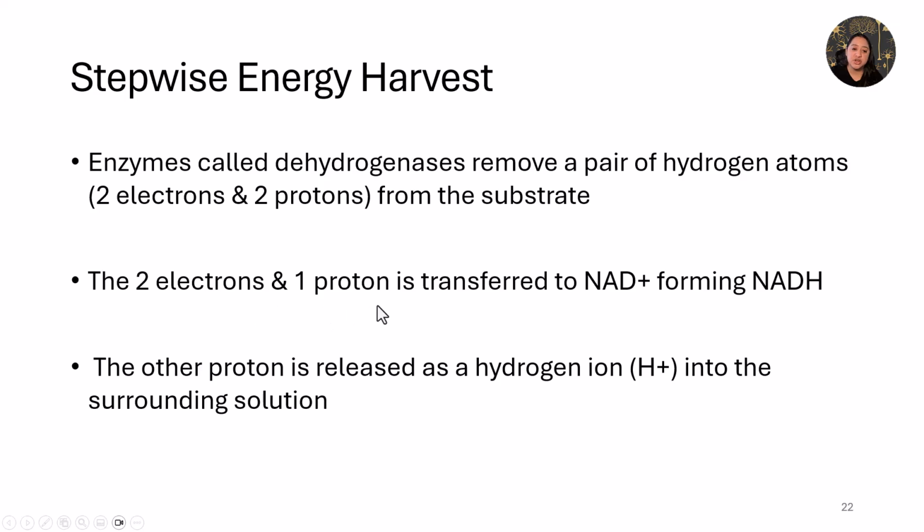So the 2 electrons and 1 proton are transferred to NAD+, forming NADH. And then the other proton is released as a hydrogen ion into the surrounding solution. Again, that's going to come up later. That's why you see some hydrogens get slapped onto an NADH, and some will just be in the solution, and later on, when you see the protons, it'll make sense, hopefully.